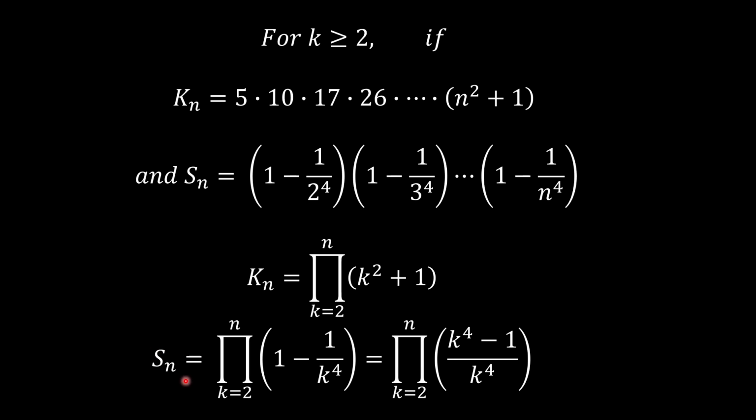Capital Sn is the product from k equals 2 to n of 1 minus 1 over k to the 4th, which can also be expressed with a common denominator of k to the 4th, so that this is the product from k equals 2 to n of k to the 4th minus 1 over k to the 4th. So what happens when we divide?